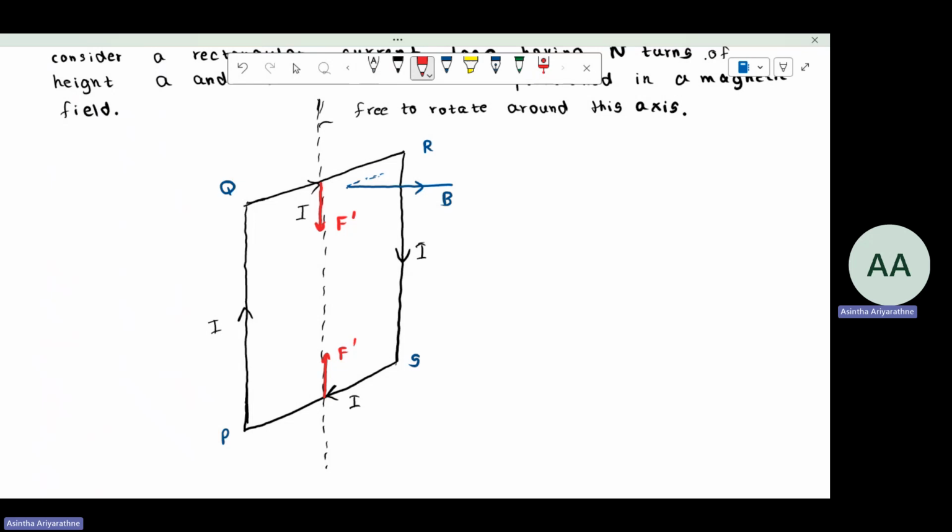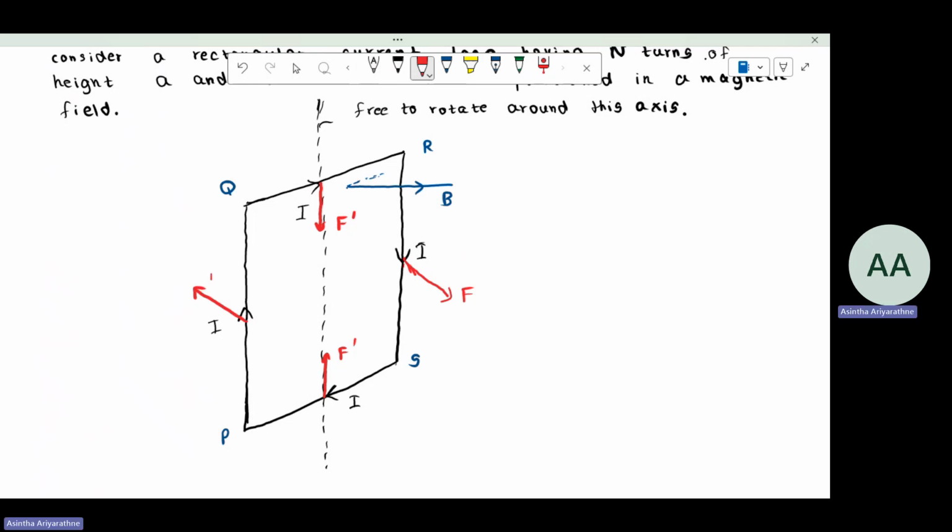The magnetic field is in this direction, the current is downward, and there would occur a magnetic force in this direction.